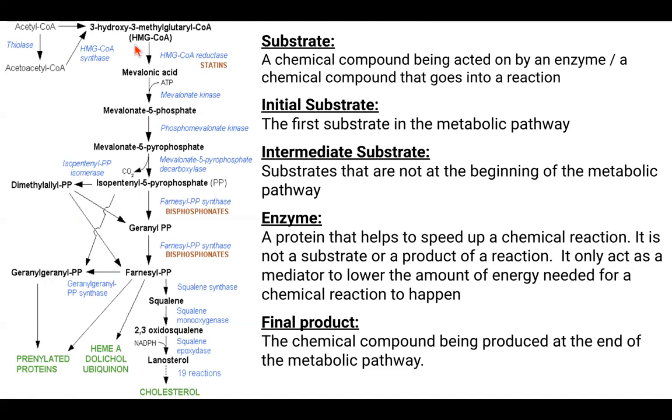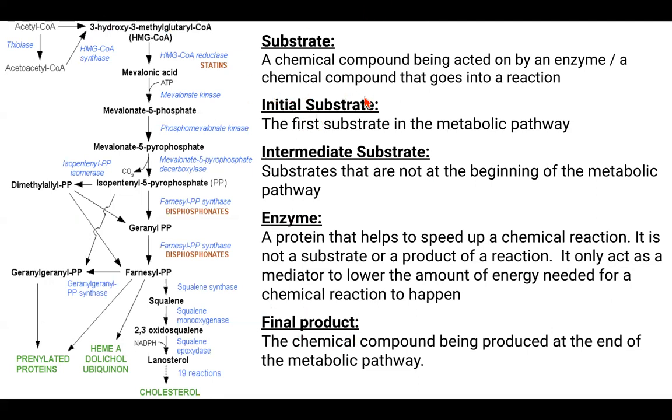If you've done chemistry, you'll know that chemical reactions are often represented by an arrow looking like this. On the left-hand side, or the beginning of that arrow, is what we call a substrate. It goes into a reaction. After the reaction, what comes out at the end of the arrow is called the product.